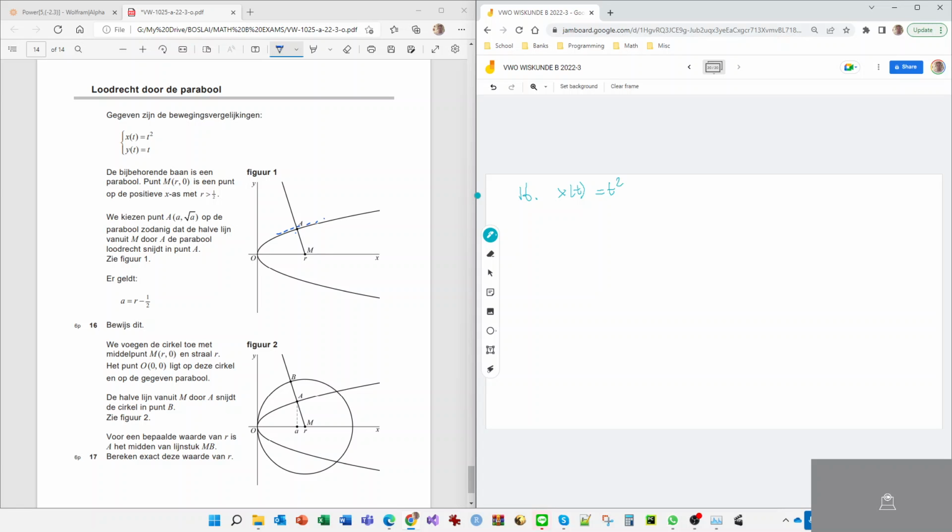So we have x(t) is t squared, and we have y(t) is t. So, which means if we just look here at y larger than 0, we have y is the square root of x.